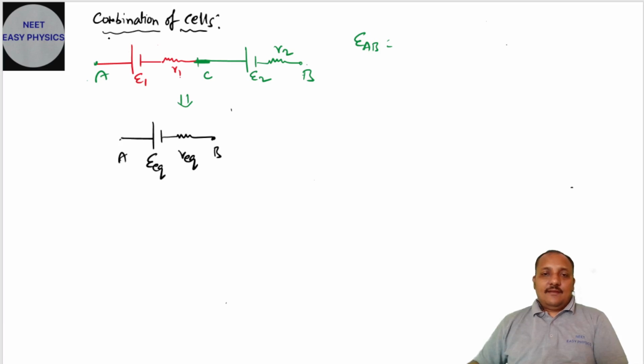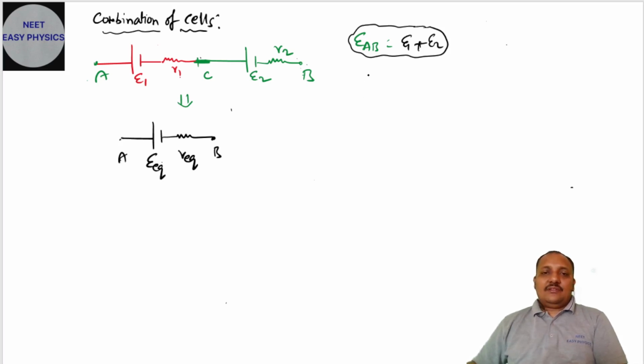Correct? Now, how are we going to get this? Whenever two cells are connected in series, they will do VAC first, VCB, then they will calculate VAB. So if you do like this, you are going to get simply E1 plus E2. This one you can remember directly, easily, therefore without derivation we have seen.